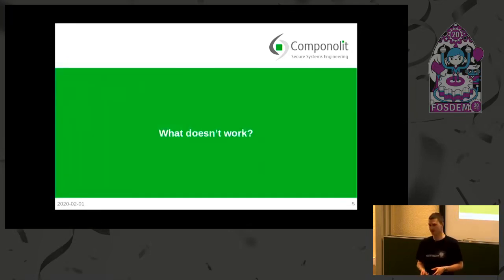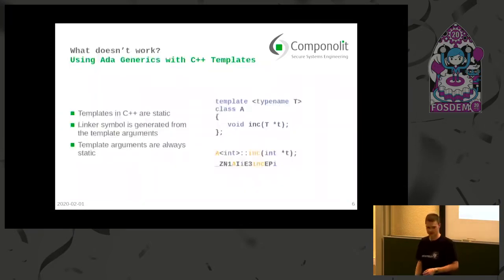So what doesn't work, or what is really hard to get right? Templates in C++ are static. When you have a template, you instantiate it with a type name, T for example, and then you use this type. So this is like an Ada generic with a private type. And as it is static, it generates its own symbol, and this symbol is mangled to prevent overlapping symbols.